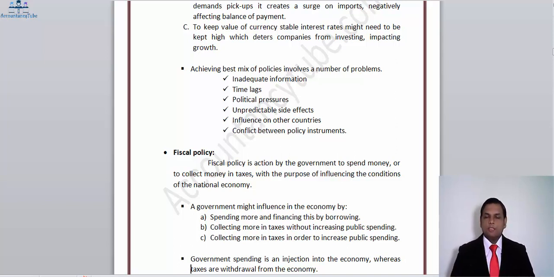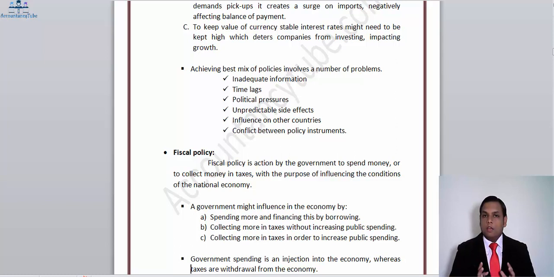Then we have influence on other countries. Our economic policy will definitely have an influence on other countries. For example, if China today starts to tax its exports, this will create a rise in prices in the toy industry, because, let's just say for a rough figure, 90% of toys are now made in China.